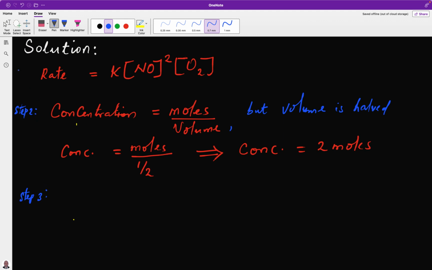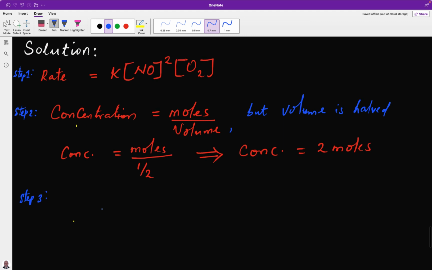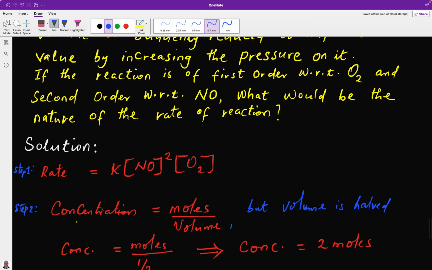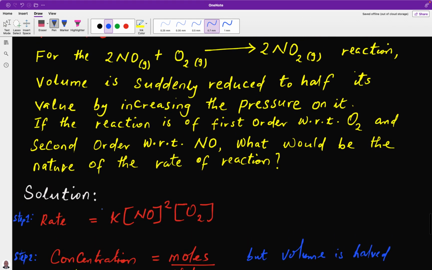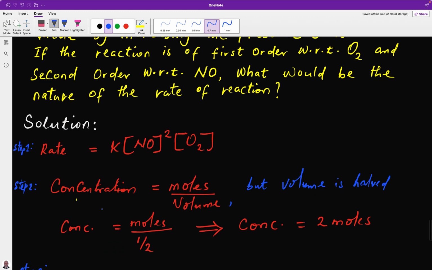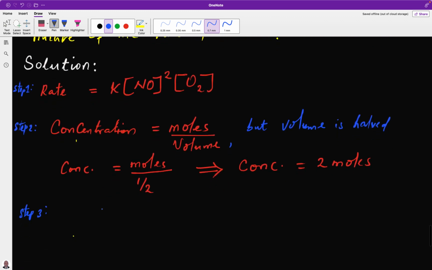And this was step 1. Okay, step 3. From this, the concentration is equal to 2 moles.